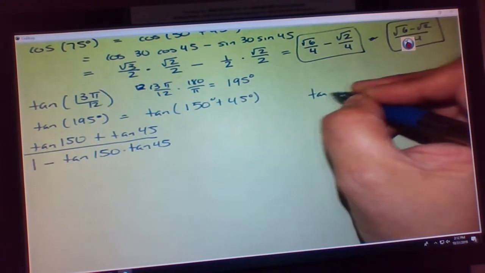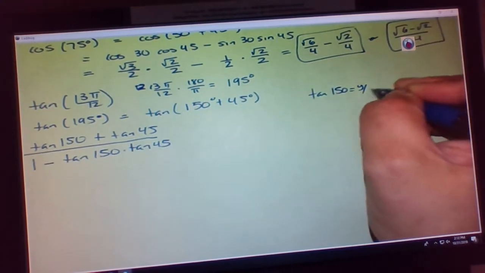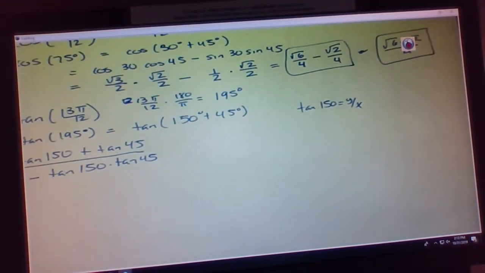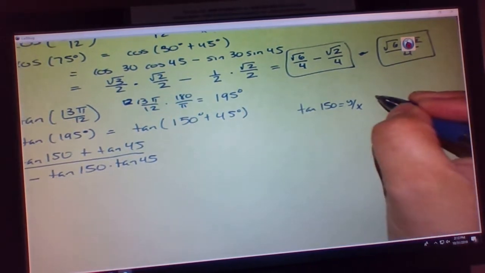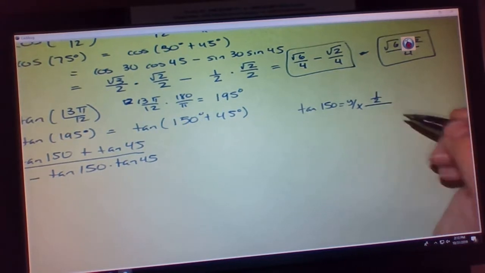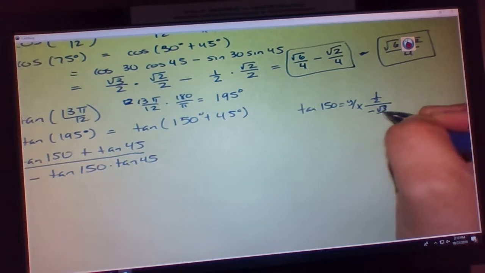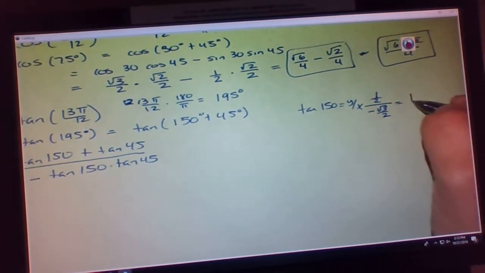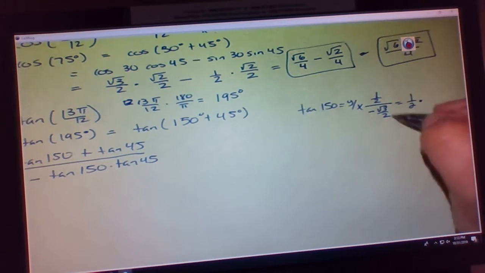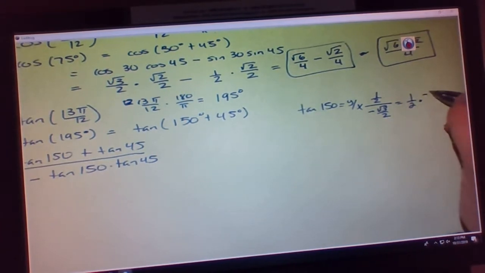For tangent of 150, and remember it's y over x. So for 150, my y is what? 1/2 over my x, which is the negative square root of 3 over 2. So this becomes 1/2 times the reciprocal of this one, negative 2 over the square root of 3, which gives me negative 1 over the square root of 3.